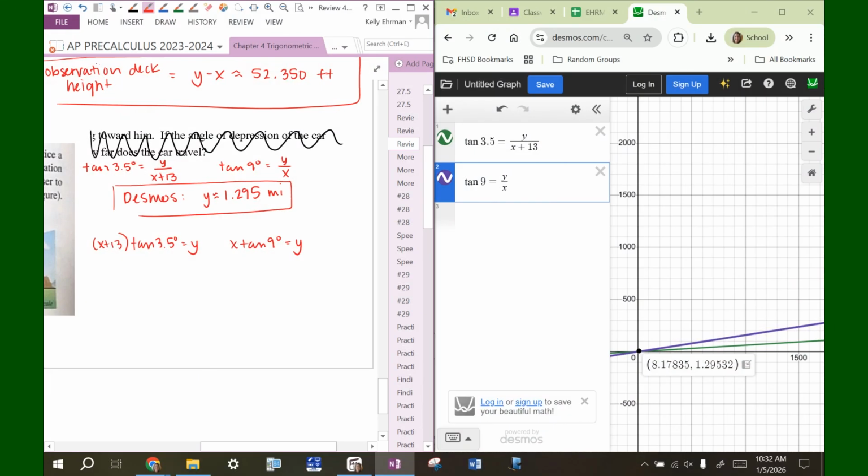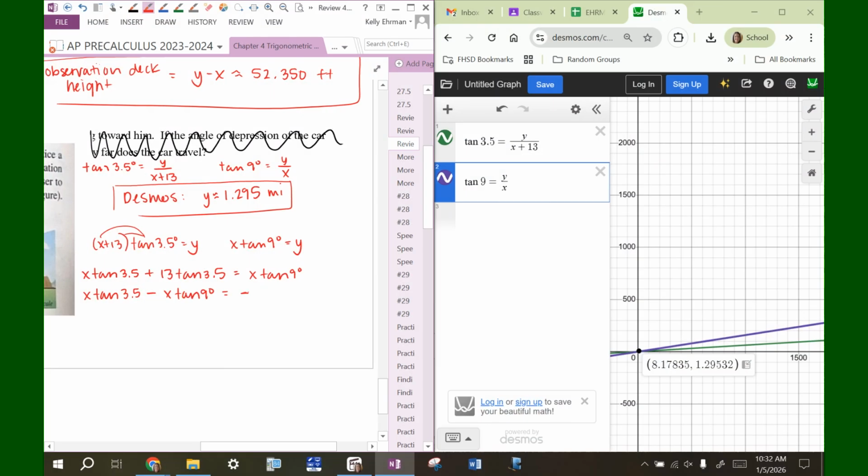So maybe you set these two equations equal to each other. x times the tangent of 3.5 plus 13 times the tangent of 3.5 has to equal x times the tangent of 9. Put the x's on the same side by subtracting this one over.